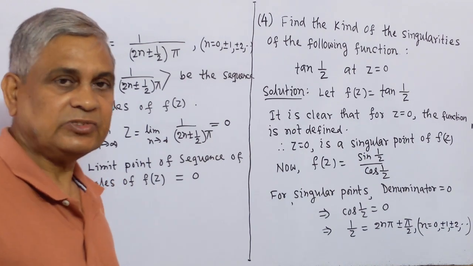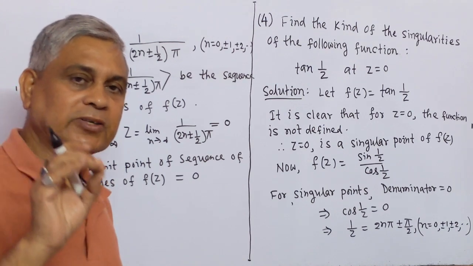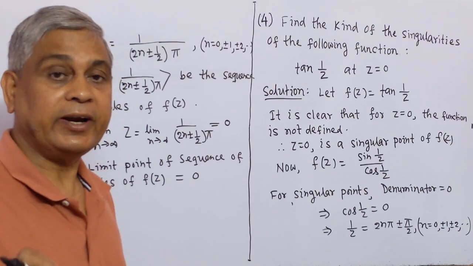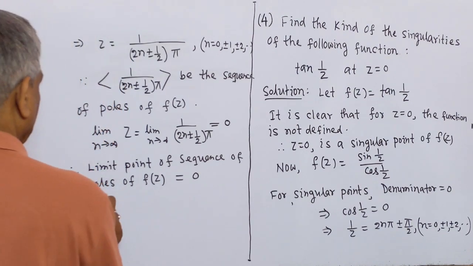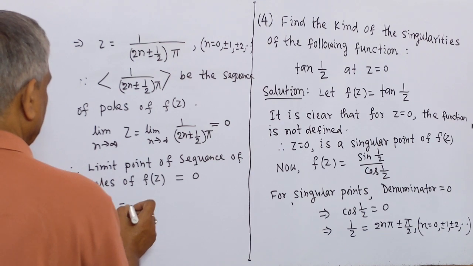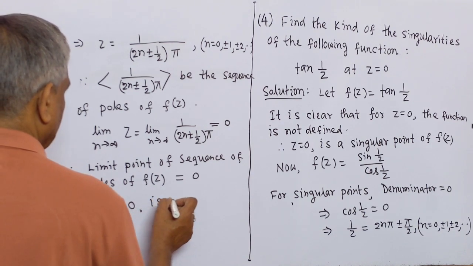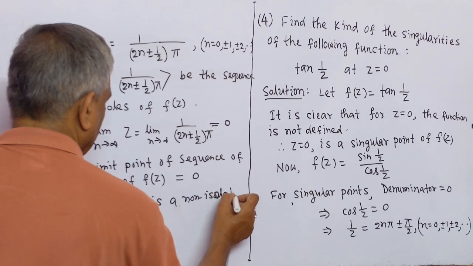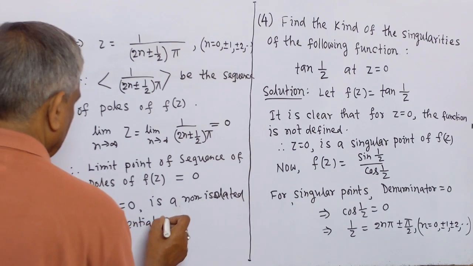We know that the limit point of a sequence of poles of a function is a non-isolated essential singular point. Therefore, z equal to 0 is a non-isolated essential singular point.